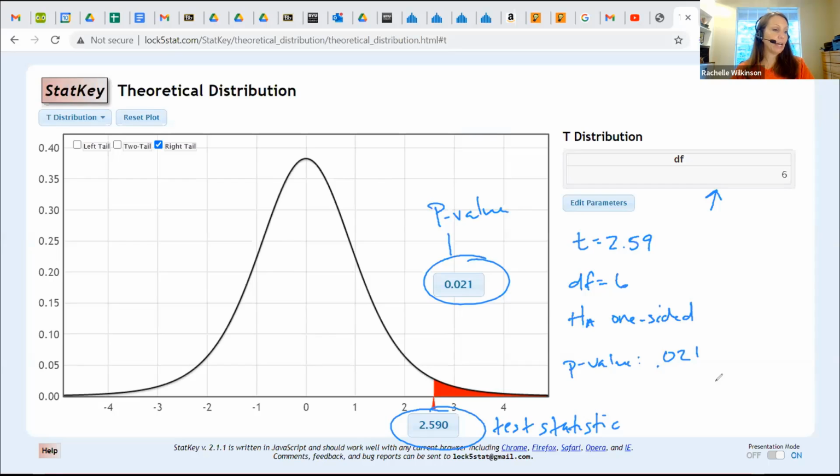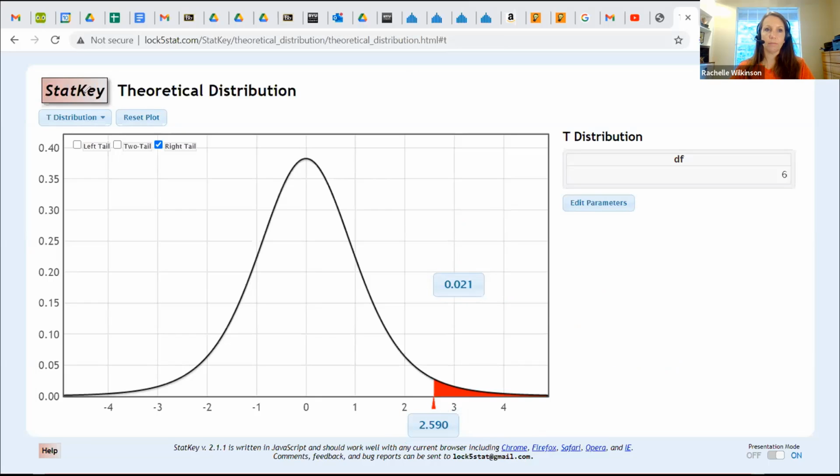All right, let's look at the second one. So clear that one out. And I'll write these values over here. So for my second one, let's say that my test statistic is negative 3.25, and I have degrees of freedom equal to 23, and my alternative is two-sided.